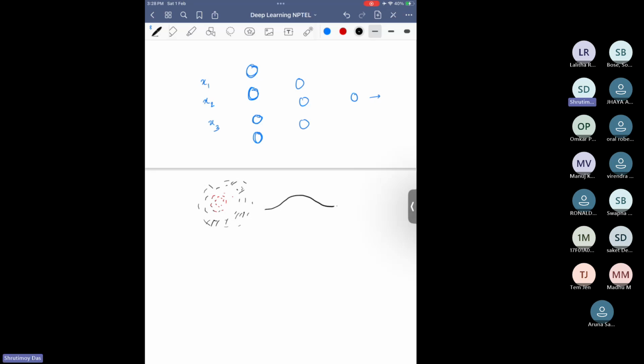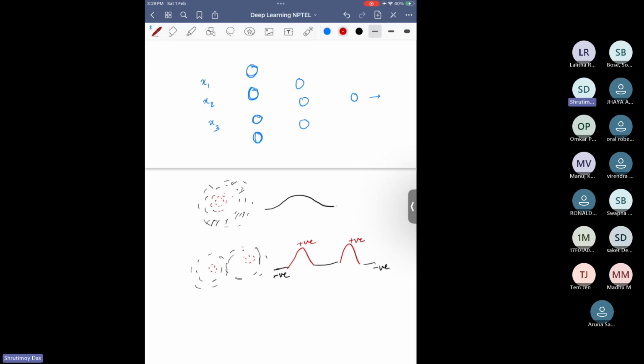But sometimes you may have data something like this. You have reds here, you have reds here, and all of these are your different class. So then you will need two bumps here. You'll have a red bump here, a red bump here, and then say this is your negative region, and this is your positive region.